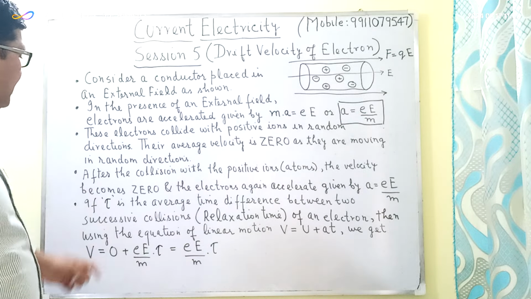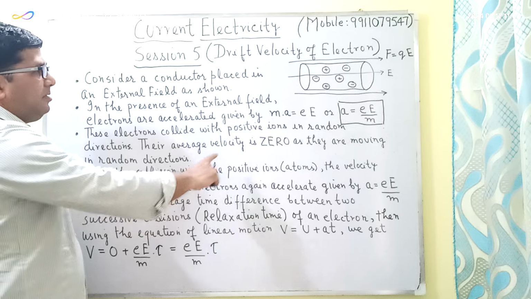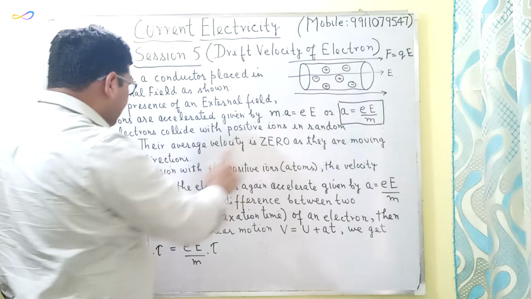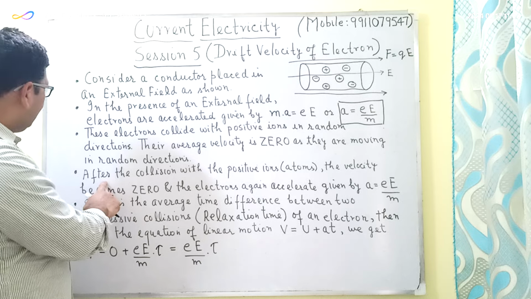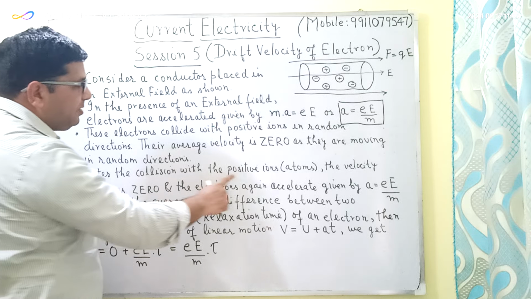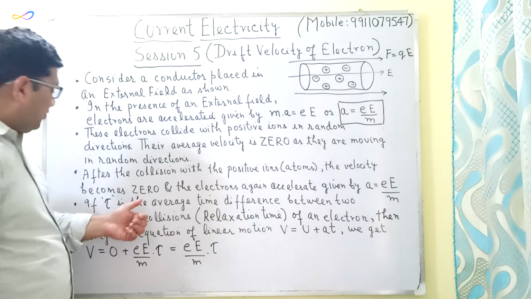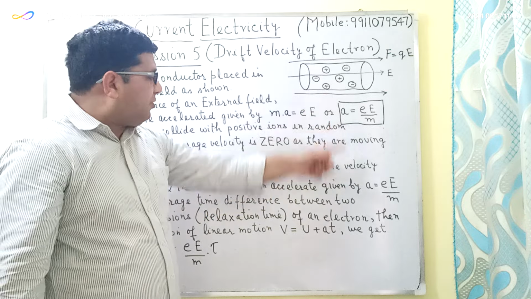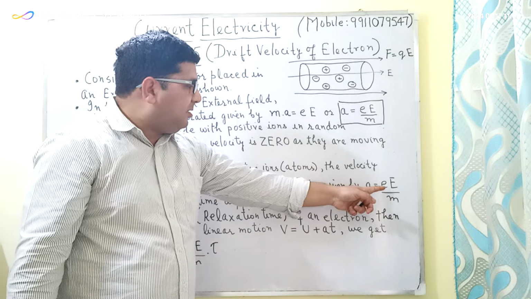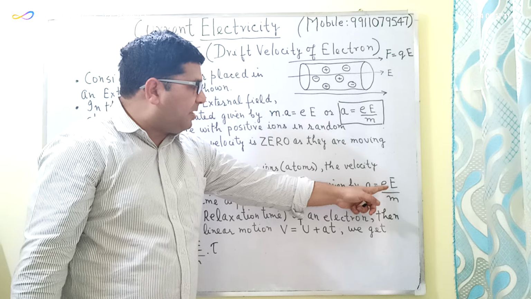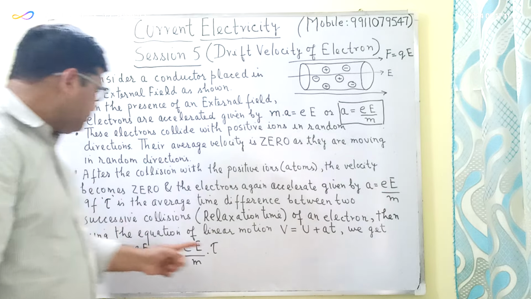So this is the fourth point: after the collision with the positive ion of the atom, the velocity becomes 0, and this electron will again get accelerated by a = eE/m.